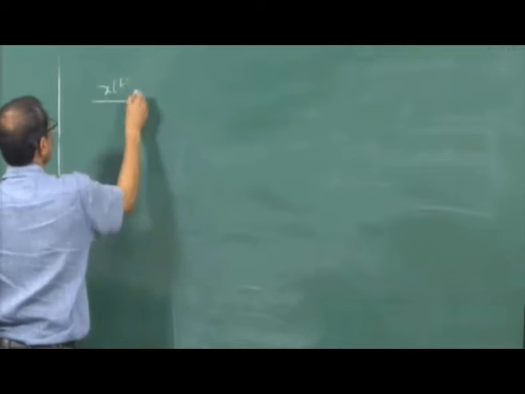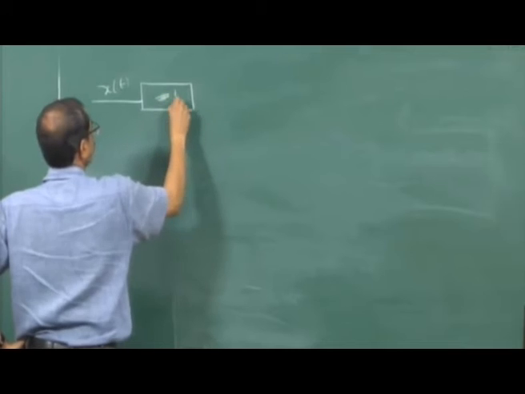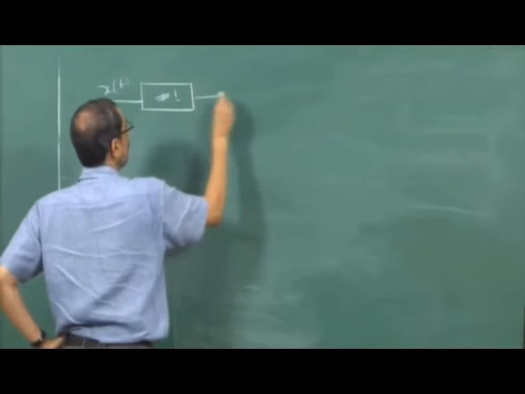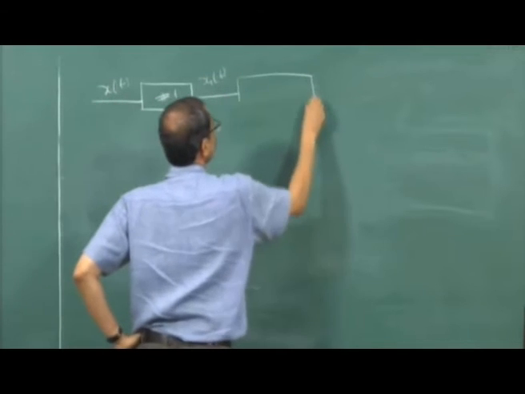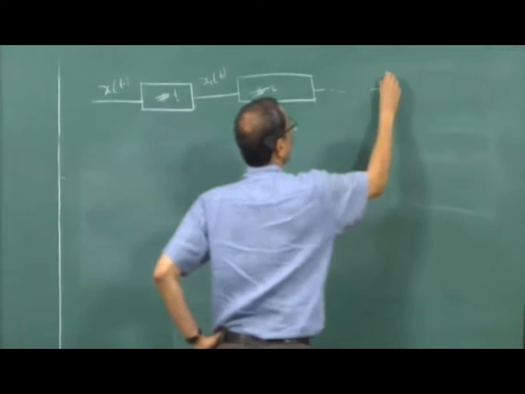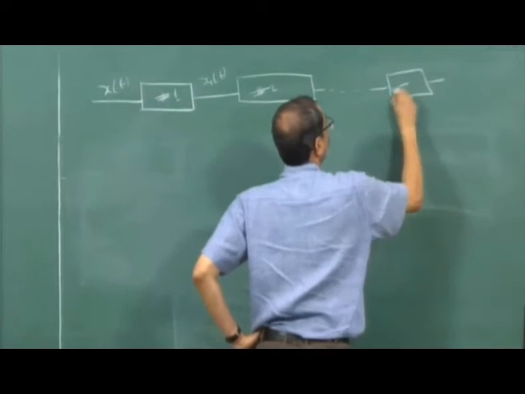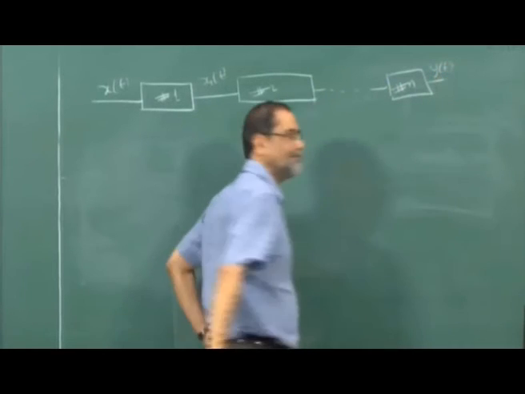So my x goes into one system, let me call it h1, that's my system 1. Its output, let's say x1 of t, goes to another system, let me call it h2, and so on, up to hn, and then the output is y of t.